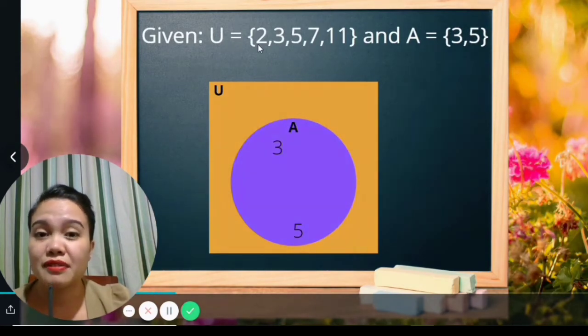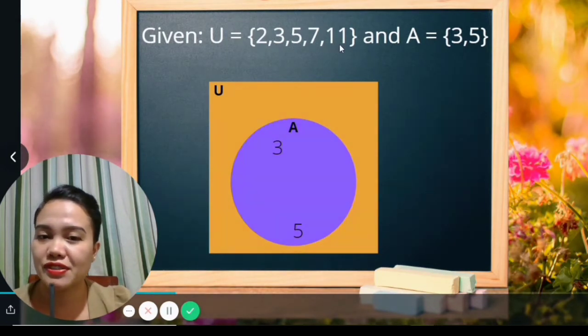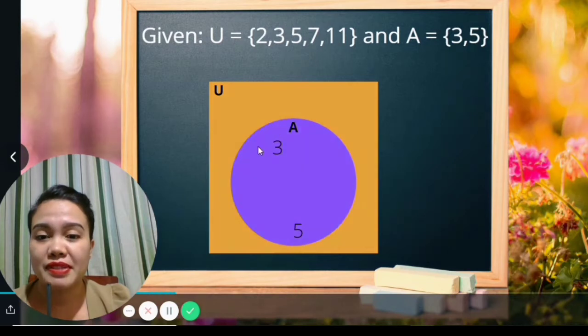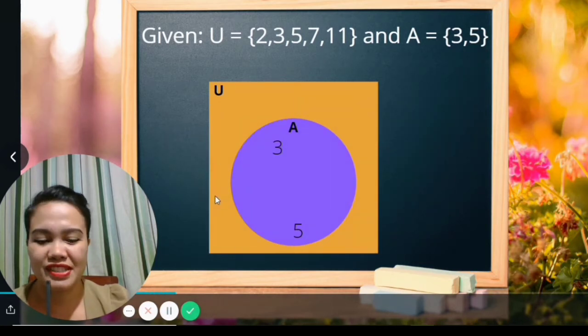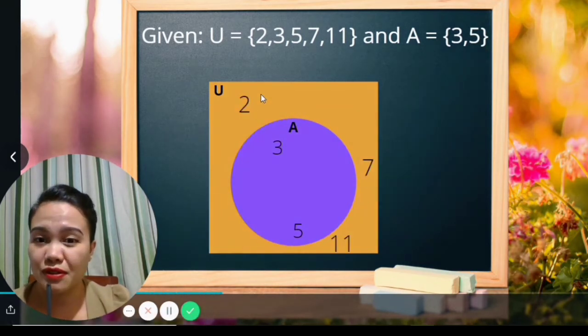And then you complete the universal set. Since you already have 3 and 5, you only have to write the remaining elements of the universal set, but it should be outside the circle for set A, but still inside the rectangle for the universal set. Okay, so that's how it should look.